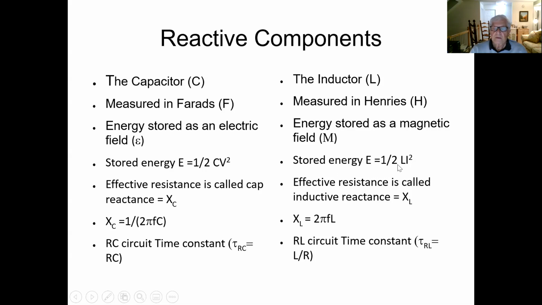The effective resistance is given by X L equals 2 pi f L. The time constant for charging and discharging a capacitor is R times C, whereas the time constant for an inductor is L divided by R. Both of those values give you numbers in terms of seconds or microseconds or whatever, and it takes 5 of those time constants to fully charge or discharge the particular units.